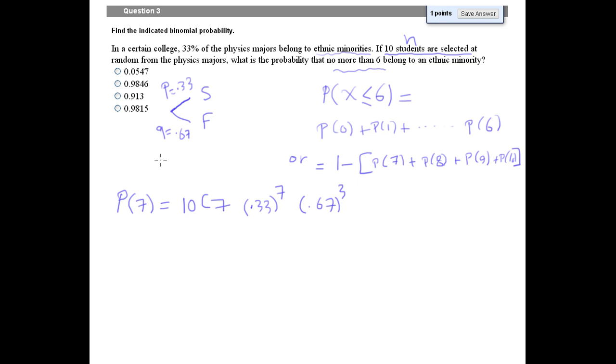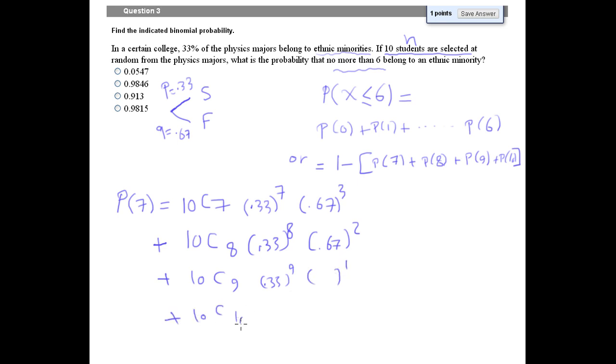Plus 10C8 times 0.33 to the power of 8 times 0.67 to the power of 2. Similarly, plus 10C9 times 0.33 to the power of 9 times 0.67 to the power of 1.